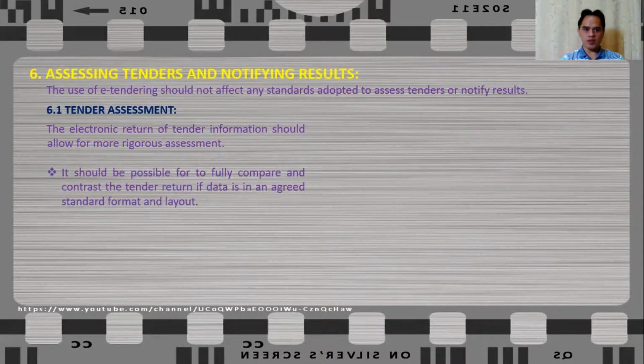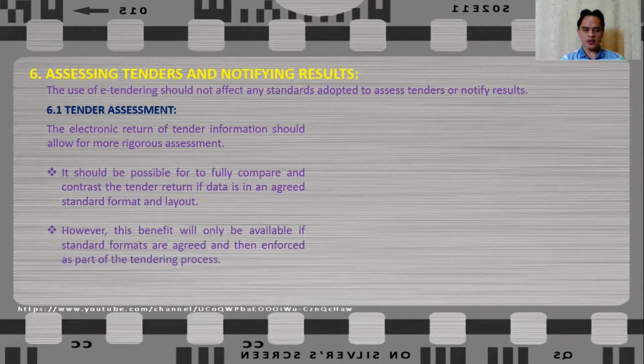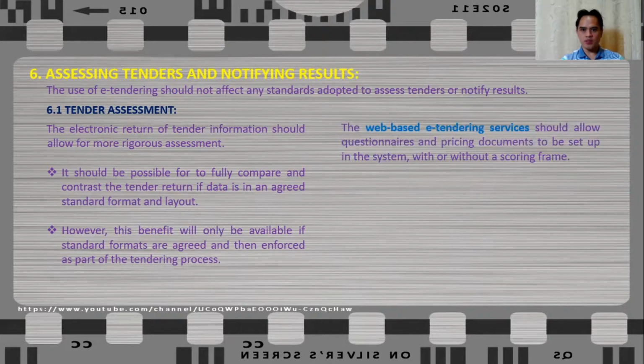It should be possible to fully compare and contrast the tender returns if the data is in an agreed standard format and layout. However, this benefit will only be available if standard formats are agreed and then enforced as part of the tendering process. While when using the web-based e-tendering service, this should allow questionnaires and pricing documents to be set up in a system with or without the scoring frame.